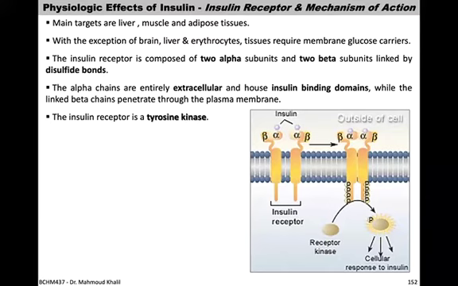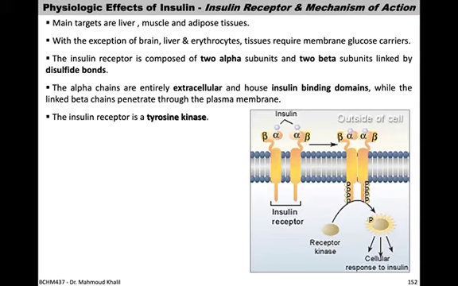That means for brain, liver, and erythrocytes, glucose can enter and exit very easily. They don't need a glucose carrier. But for others, if for instance glucose wants to enter the muscles, it needs a glucose carrier.